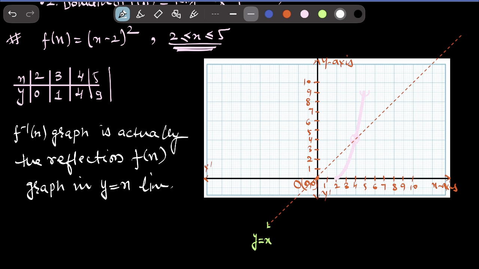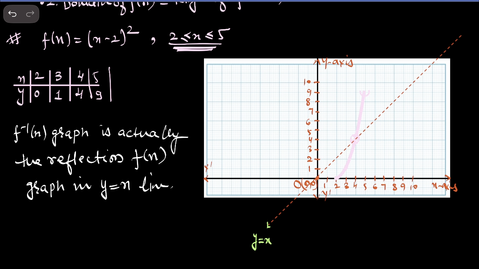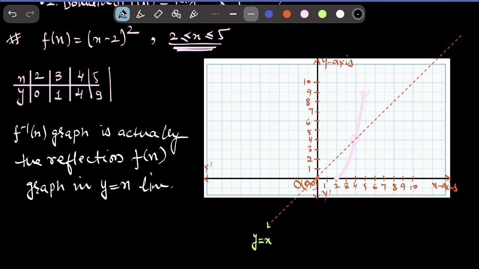Because if you remember, when we were calculating the inverse function, we interchanged the values of x and y, right? So we need to reflect this pink color curve in this y is equal to x line, right? So I'm taking the points to make you understand how we are going to do this. So this point is going to remain here only.